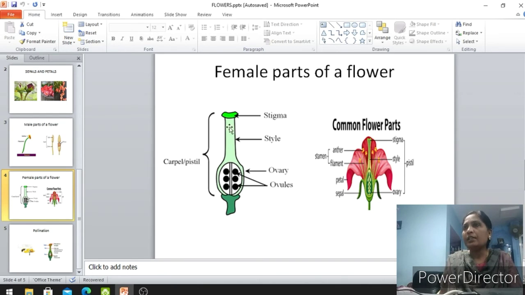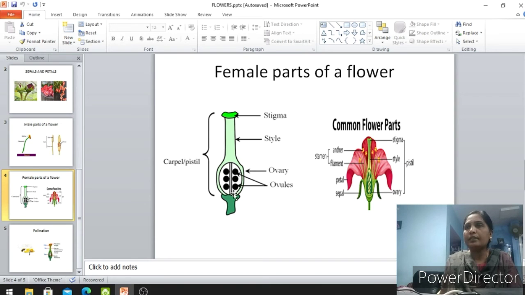One end of the style has stigma, the other end of the style has a swollen part called ovary. Inside the ovary, ovules are present.